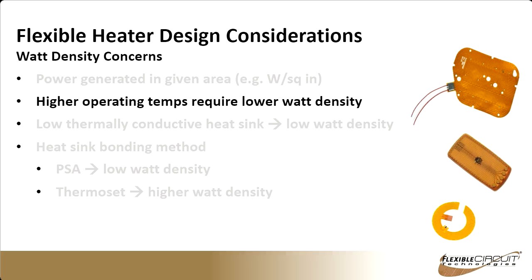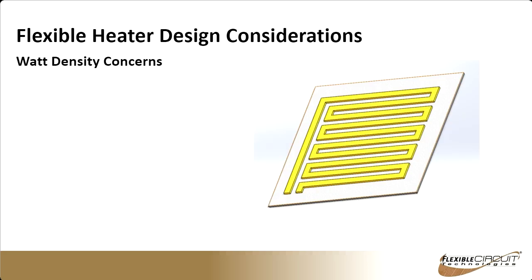If you have higher operating temps, we typically want to have lower watt density. If you look at the illustration to the right, you have to keep in mind that when these heat, if the nominal temperature of your heatsink is, let's say, 150 C, and you are in the middle of your heating cycle and ramping up to a higher temperature, those traces are going to be quite a bit higher than the mean temperature of the heatsink.